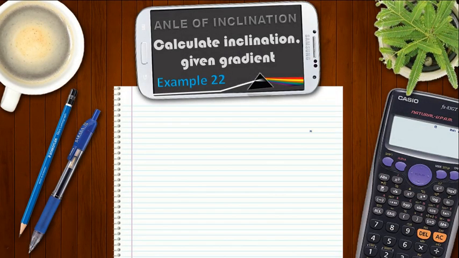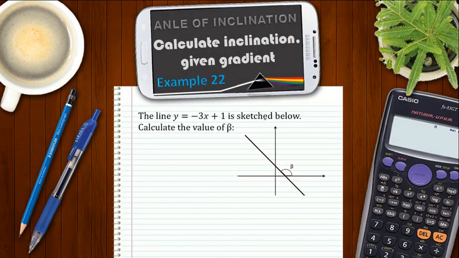Then for example 22, it says the line y equals -3x plus 1 is sketched below. Calculate the value of beta. Now here is a trick, because when you have a negative gradient, the line always slopes to the left.